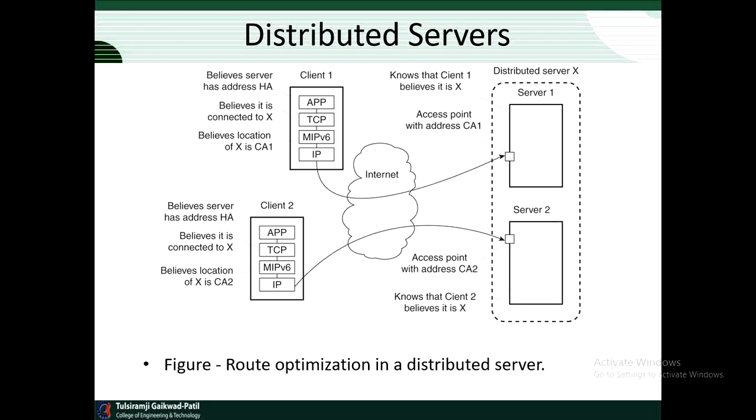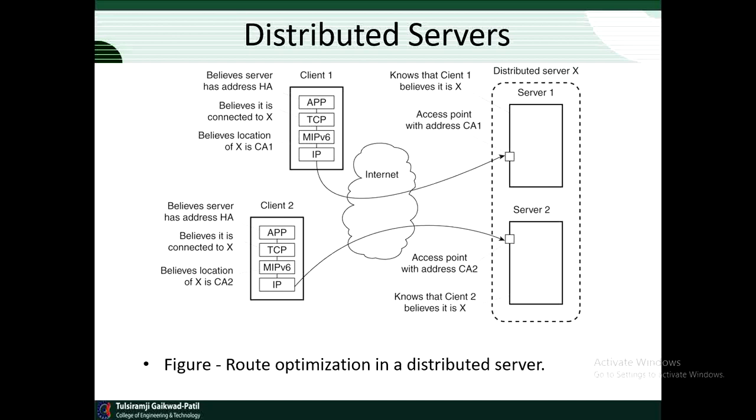Route optimization can be used to make different clients believe that they are communicating with a single server, where in fact the clients communicate with different member nodes of the distributed server, as shown in this figure, where the route optimization is done in the distributed server. So to this end, when an access point of the distributed server forwards a request from a client, that is C1, to node S1, with address CA, that is CA1, it passes information to S1 to let it initiate the route optimization procedure.